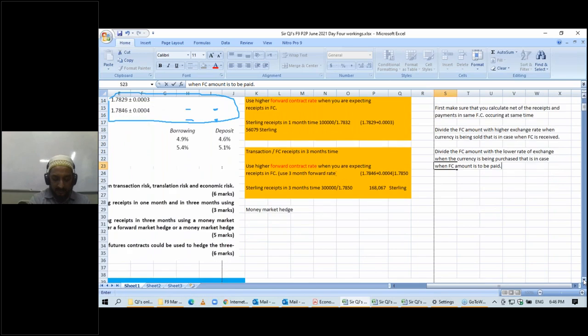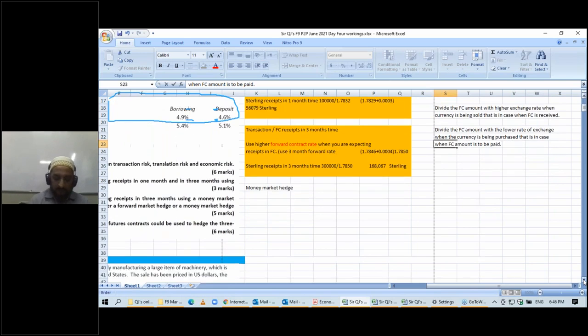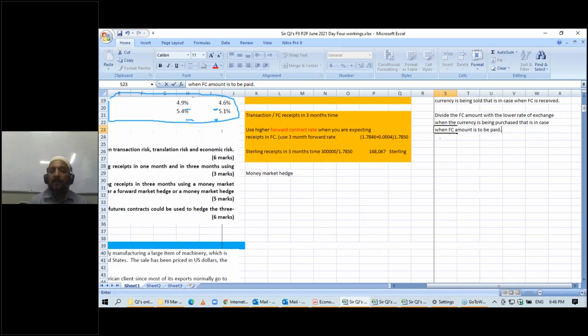Now what happens in the money market hedge? How will we make the money market hedge? So let me first explain what a money market hedge is.